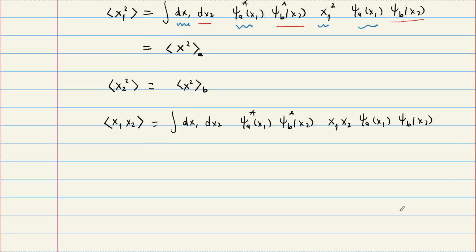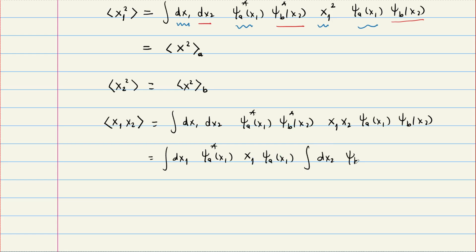And now I can separate this, right? Let's collect x1 terms, like this is dx1. So this is x1. So this is x1. And this is x1. And what remains is all dx2.